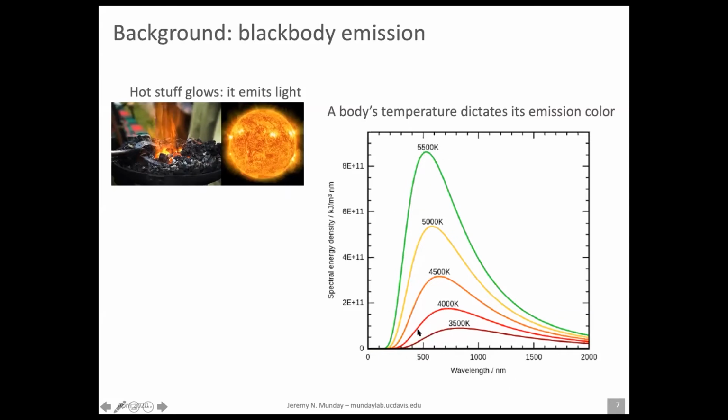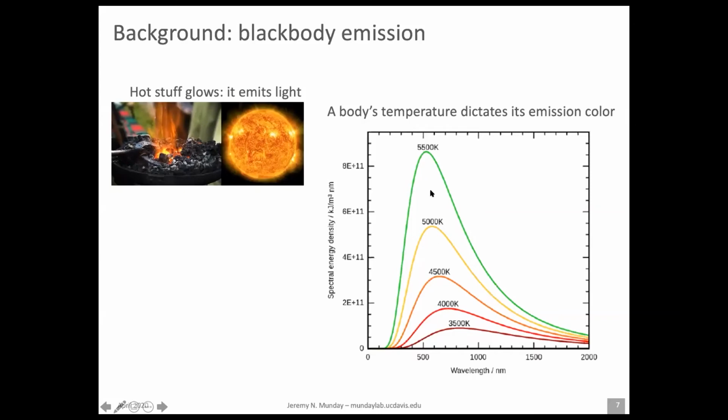And so that's not really a coincidence. Our eyes have evolved in order to see well during the day, in part because that's the light that is illuminating us. Now, if you go to cooler and cooler temperatures, you'll see that the intensity starts to drop off, and also that the peak wavelength here shifts to longer and longer wavelengths.